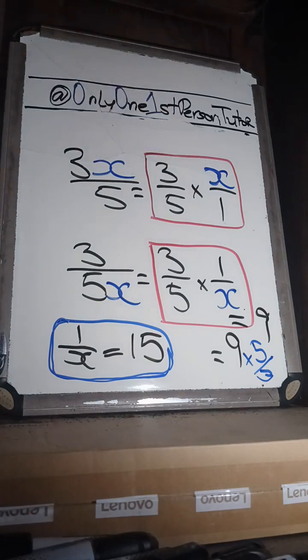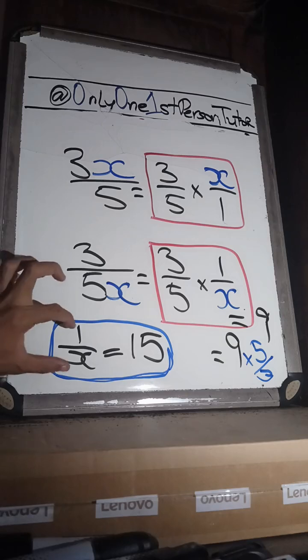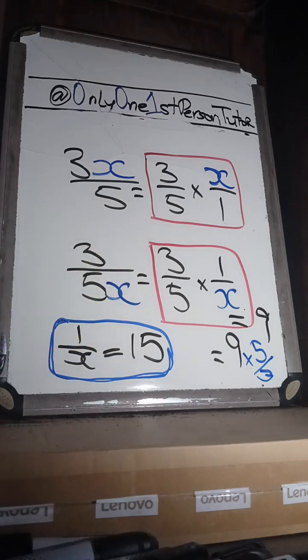In this case, you do the same thing, except you end up with 1/x is equal to something on the other side. So now you have to solve for x again. And you know what's funny? All you have to do is flip this upside down and flip that upside down and you get your answer.